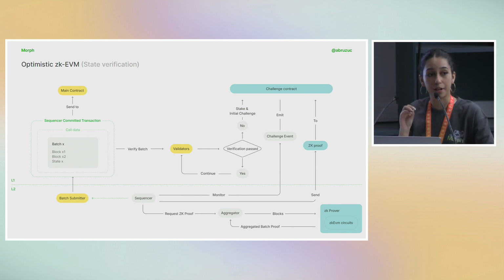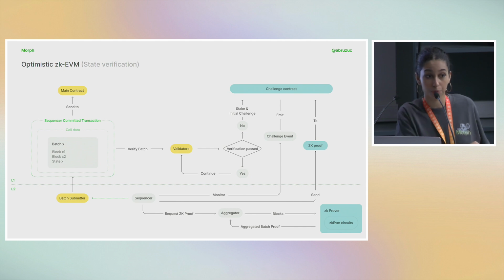If they find the transactions and the states are not correct, they will initiate a challenge. Then the sequencers need to answer the challenge by providing a ZK proof and passing the verification process. If the sequencer can't finish the verification process during a certain period of time, the fraud behavior is settled. So that's how we integrate the fraud proof.